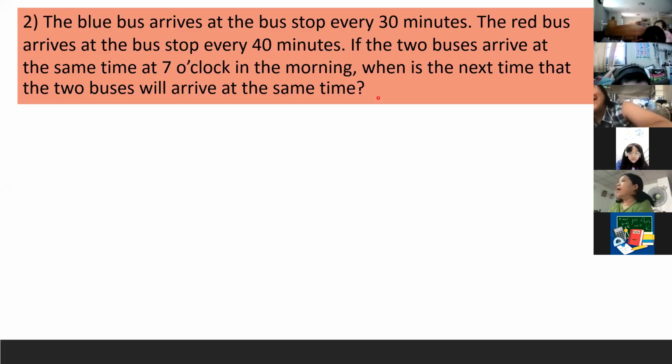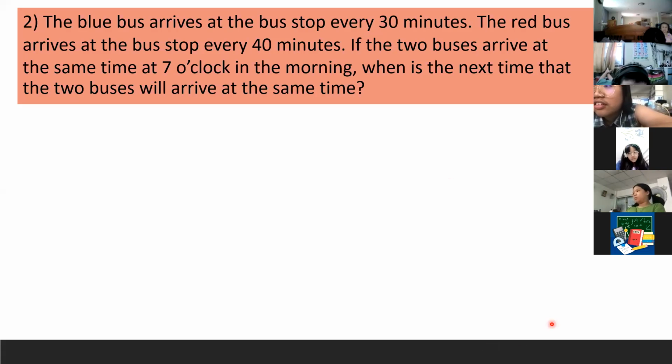Find the LCM of 30 and 40. Then you multiply 2 times 5 times 3 times 4. That's why the answer is 120 minutes or 2 hours. So the question is, when is the next time that the two buses will arrive at the same time? That is 9 o'clock.